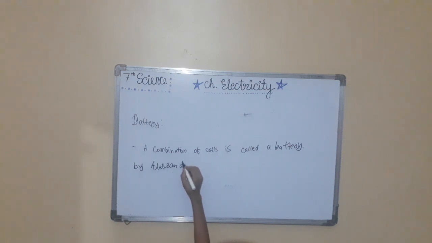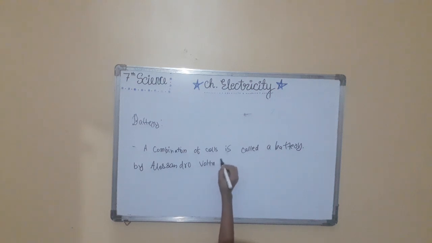To create the battery, he made a stack by alternating layers of zinc, blotting paper soaked in salt water, and silver. This arrangement was known as voltaic pile.